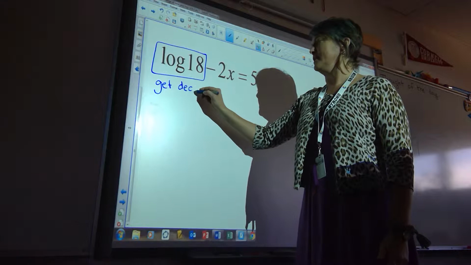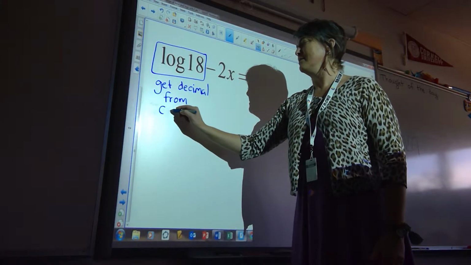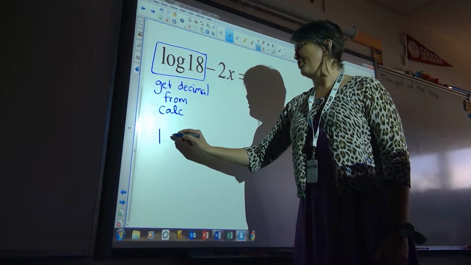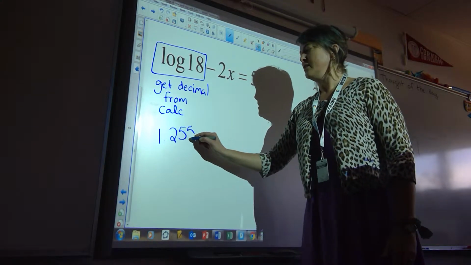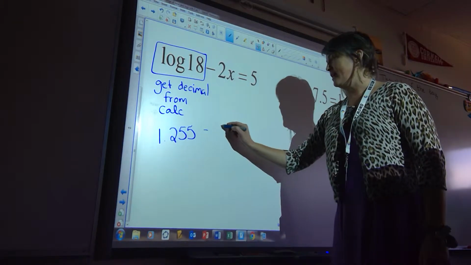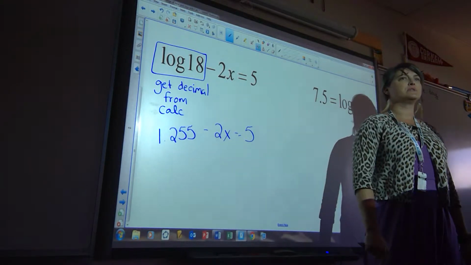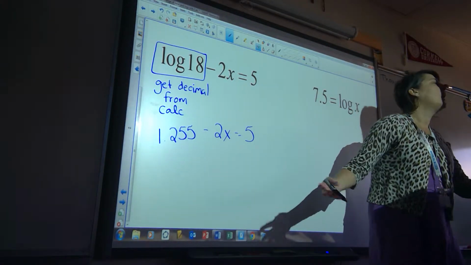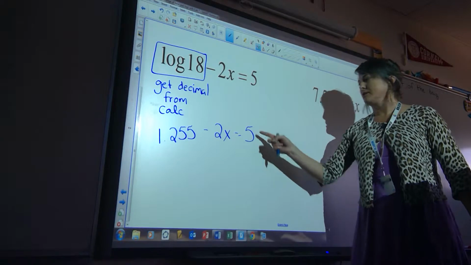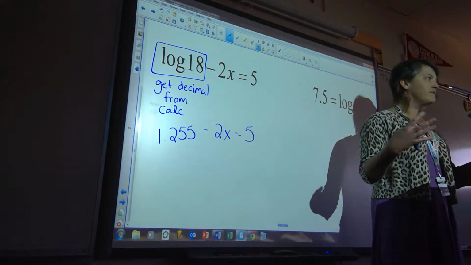So grab your calculator, type that in, and tell me what you get. 1.255. Okay, so that's what that is. Log 18 is 1.255 minus 2x equals 5. Would you know how to solve for x in this particular problem now? Sure, right? You subtract this over to here, divide by a -2. Okay, so that's part of what you're going to see. Fairly straightforward.